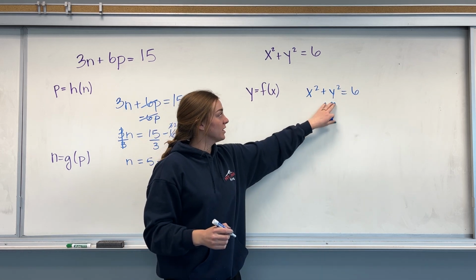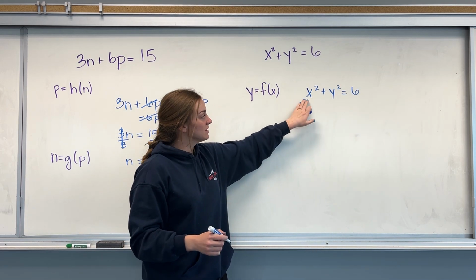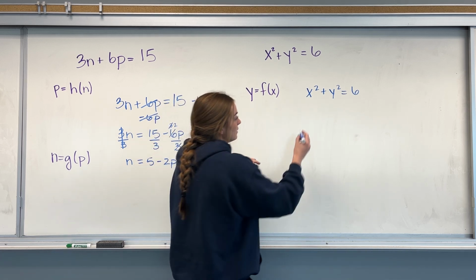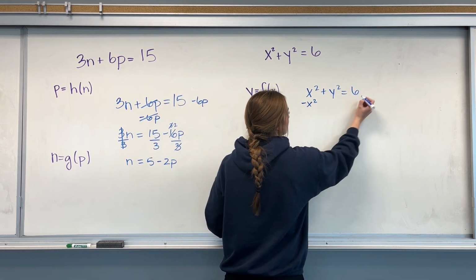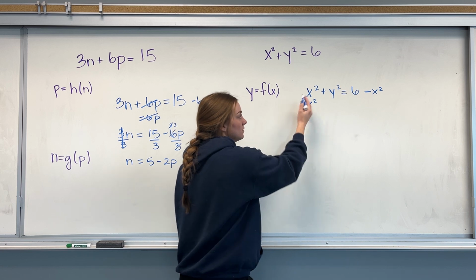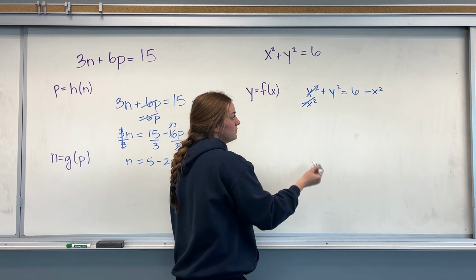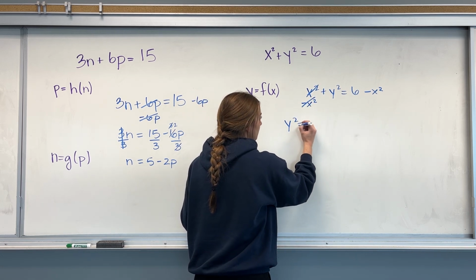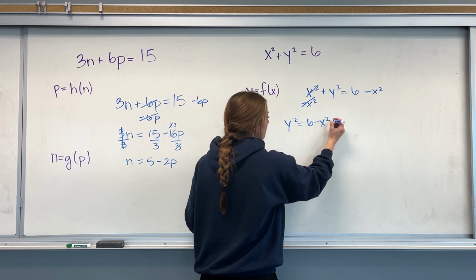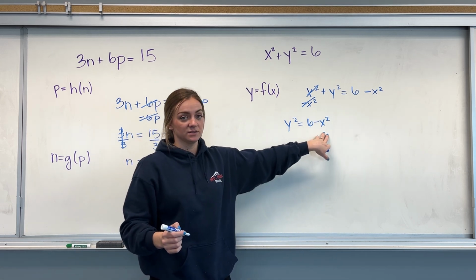So we have y here. We want to get it by itself. First thing that we can do is just subtract x squared from both sides. These subtract and give us 0. Now we have y squared equals 6 minus x squared.